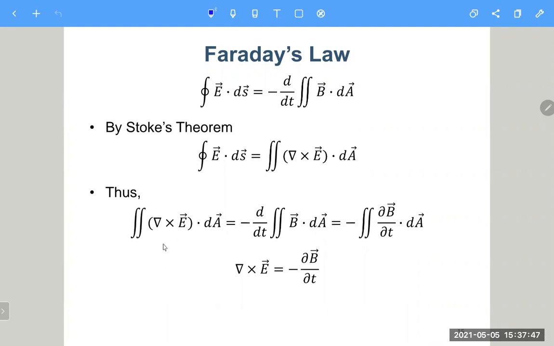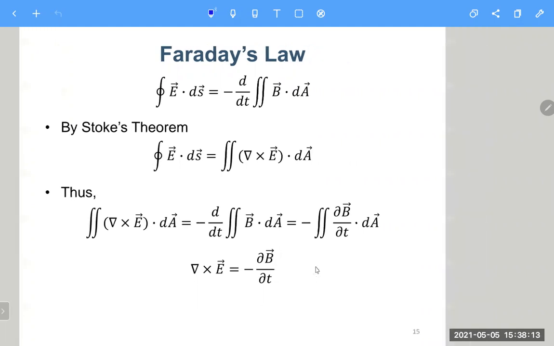Likewise, it should be satisfied for different surfaces, which means that the integrands themselves should equal each other at every point. In this case, the curl of E should be negative partial B partial t. So this is the differential form for Faraday's law.